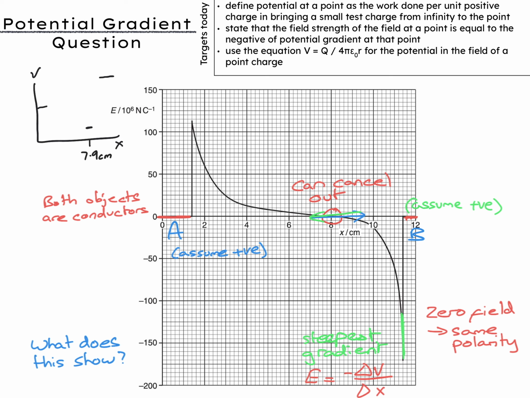Oh no, 7.9 centimeters by the looks of it. And that gives us the 0 gradient at these 3 points like we wanted, and the potential gradient is steepest at 11.4 centimeters.